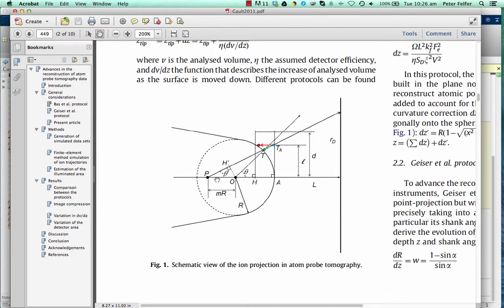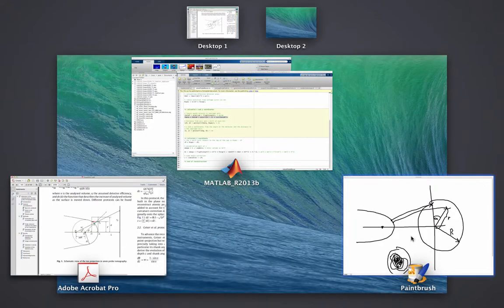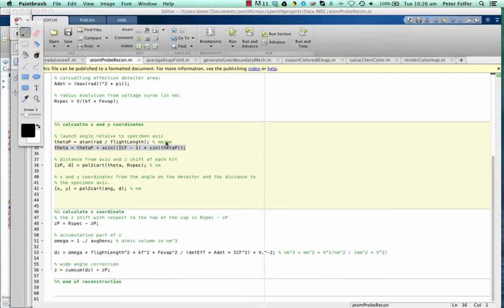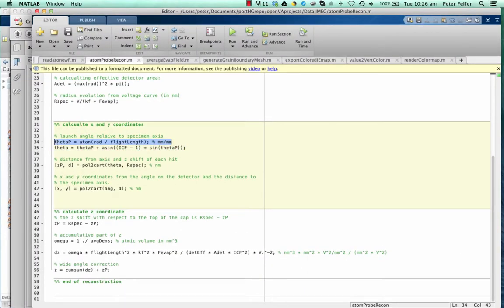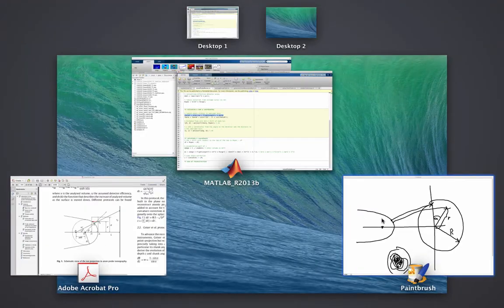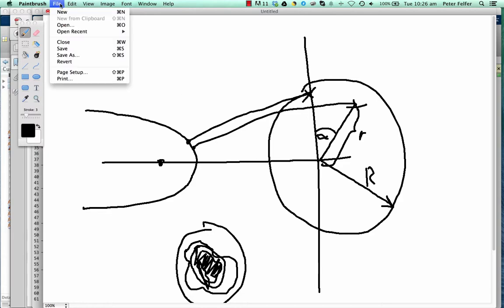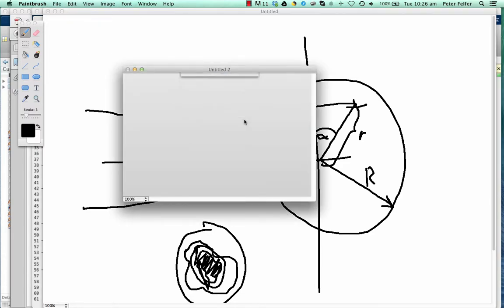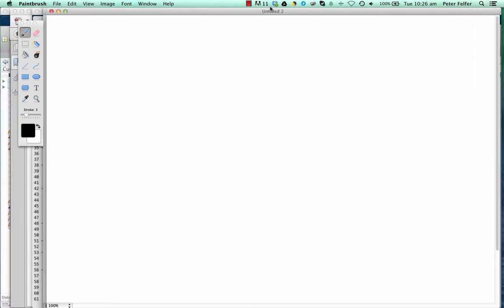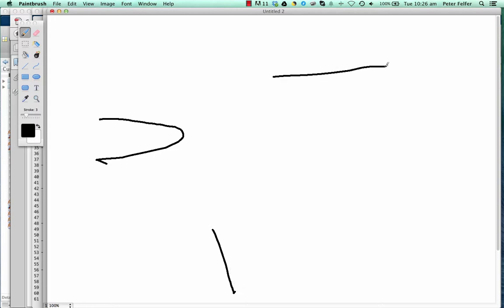That said, theta and theta prime, this calculation step is only a one-liner, this line here, if you've got an atom probe with a straight flight path. If you've got an atom probe with a reflectron with an electrostatic mirror in it, then you've got the problem that this is your specimen. A detector sits somewhere around here, and you have this black box, this bucket here, which is a couple of electrostatic meshes.